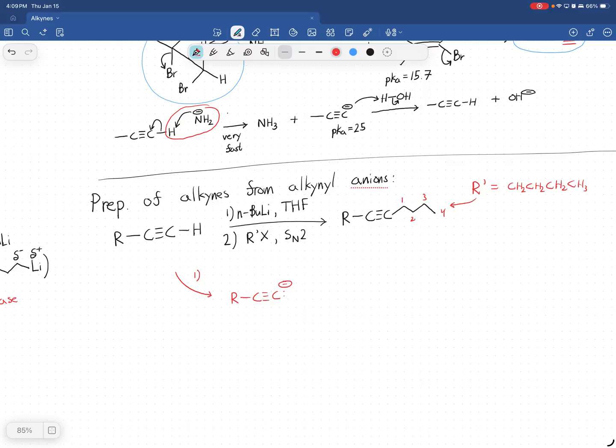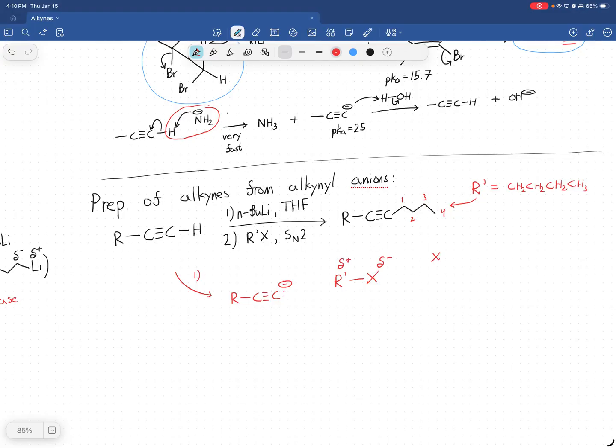All right? So if I have that R group, what's going to happen here? As I have an alkyl halide, a good electrophile, so partially negative here, right? And a partially positive charge here.